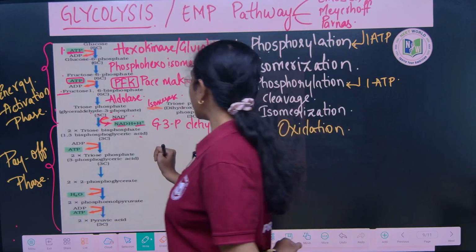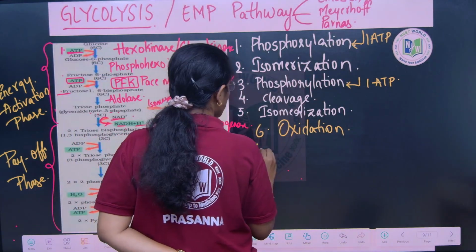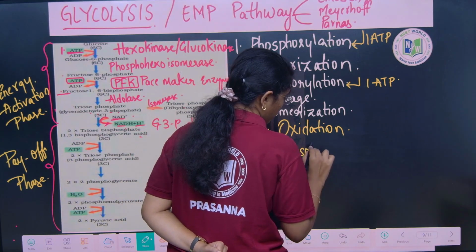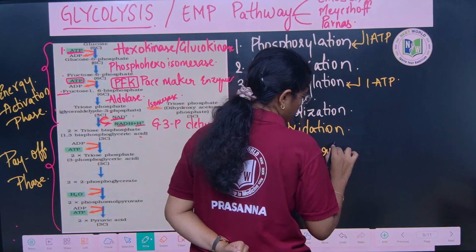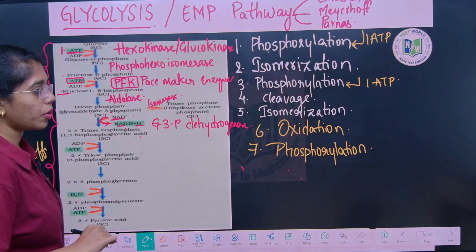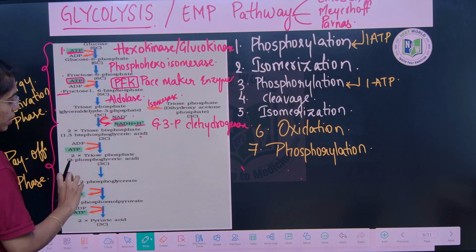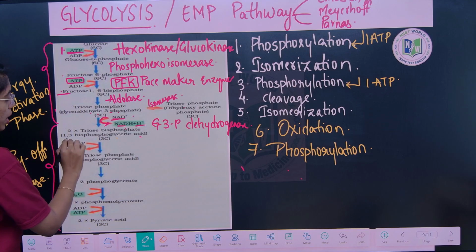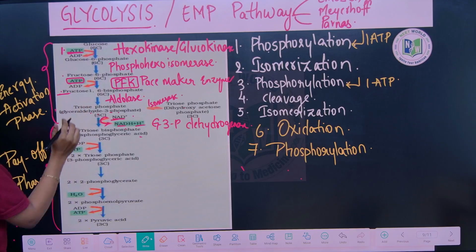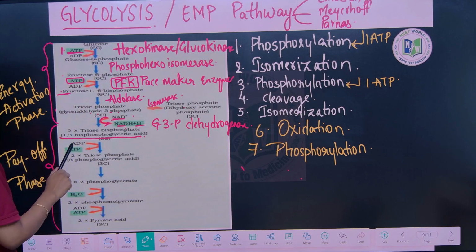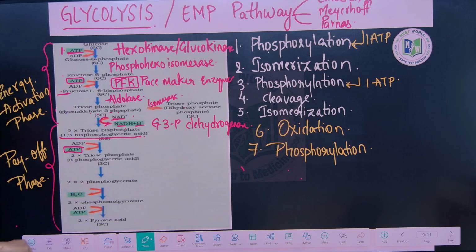And now at the 7th step, phosphorylation takes place again. If you clearly observe the 7th step, the phosphate group is taken from the substrate itself, that is from 1,3-bisphosphoglyceric acid, and ADP is phosphorylated to ATP in the cytoplasm.